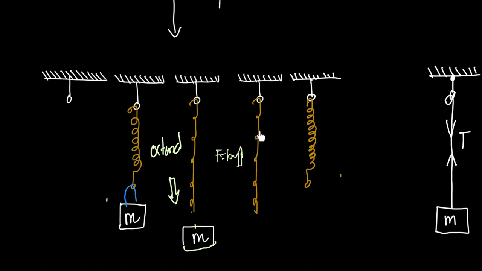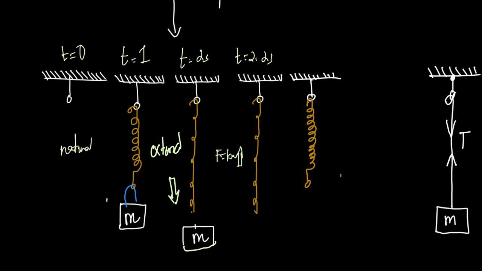But if this is at t is equal to 0, and this is at t is equal to 1 second, and you cut it at t is equal to 2 seconds, then at t is equal to 2.2 seconds, the spring won't come to its natural length instantly. See, this is the natural length of the spring.